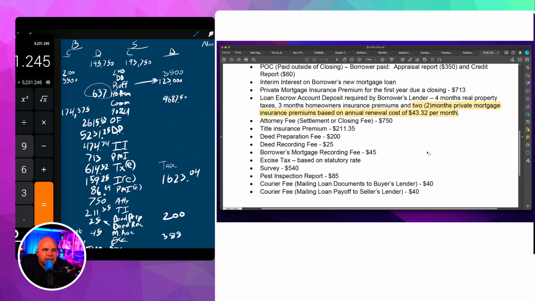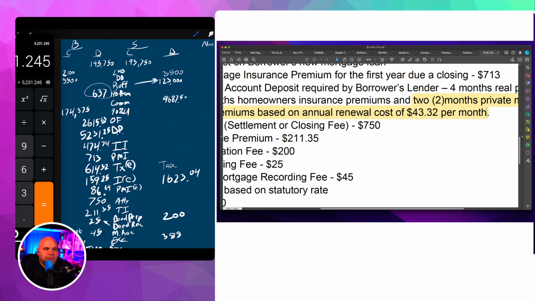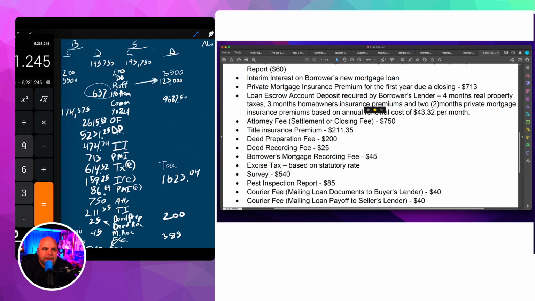If they say that, then you don't need to calculate it. You don't need to divide the PMI premium by 12 because that's not how much it's going to cost to renew. They're telling you how much it's going to cost to renew per year. It's going to be $43.32. And so therefore just collect 2 of those. So that'd be $86.64. And that's what I have right here.